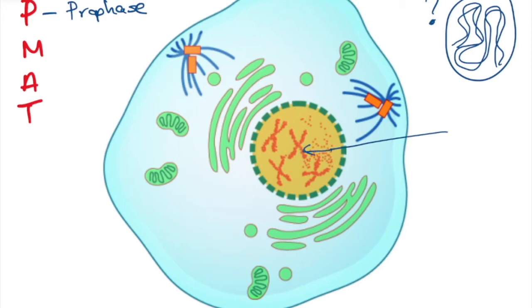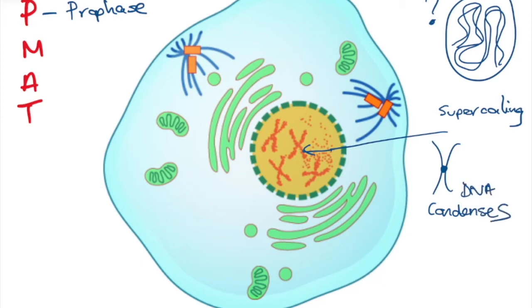We've already had supercoiling because we can see visible X shapes. Once we see this, we know that it's coiled up. So supercoiling has happened. We can say there's been condensation. The DNA condenses, and now we can see these X shapes.